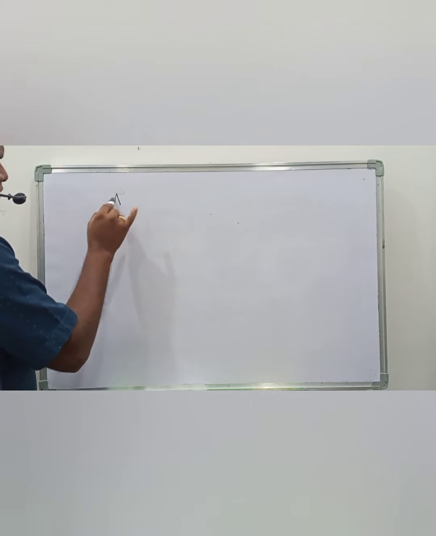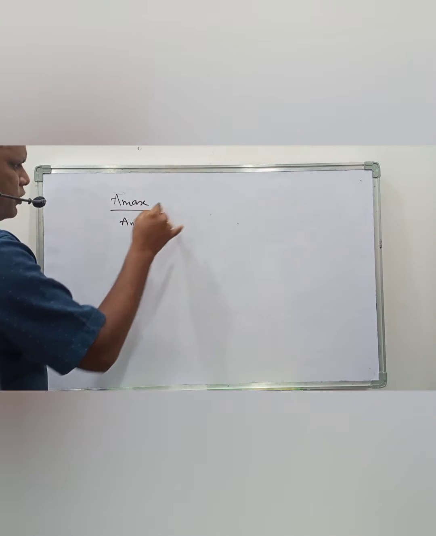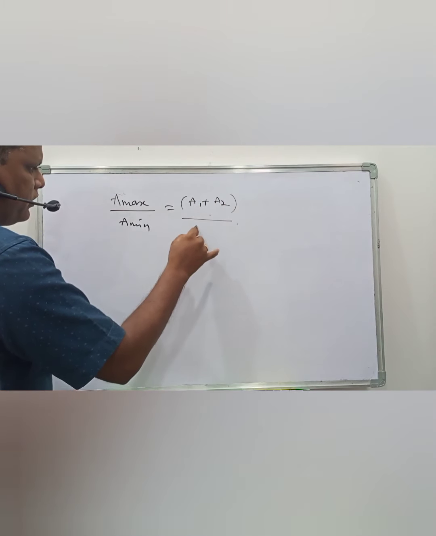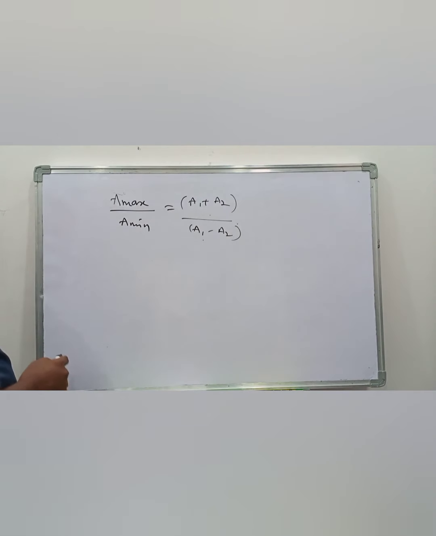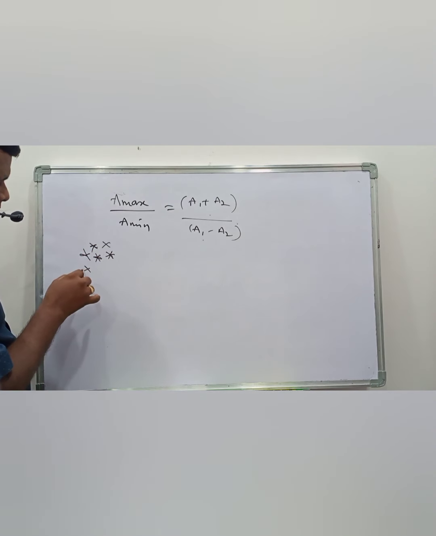We have A maximum by A minimum is equal to A1 plus A2 by A1 minus A2. So this is the ratio of amplitudes and ratio of intensities. Now I am going to give the most important concept about Young's double slit experiment.